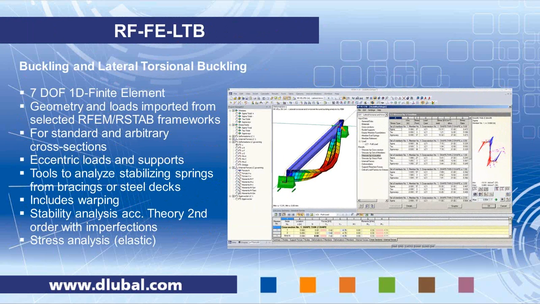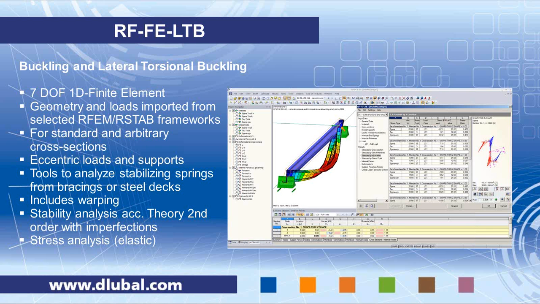The second module that we are going to take a look at is RF-FE-LTB. It is meant to do buckling and lateral torsional buckling analysis according to second order. So it's made from a 7 degree of freedom 1D finite element, which includes warping moments.